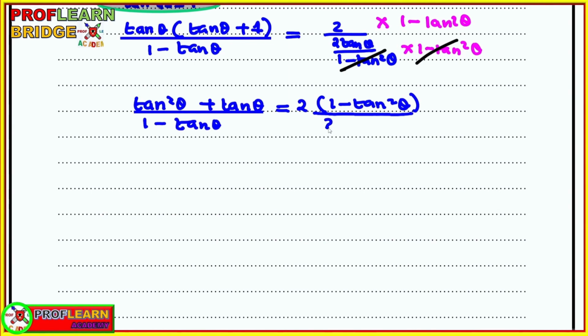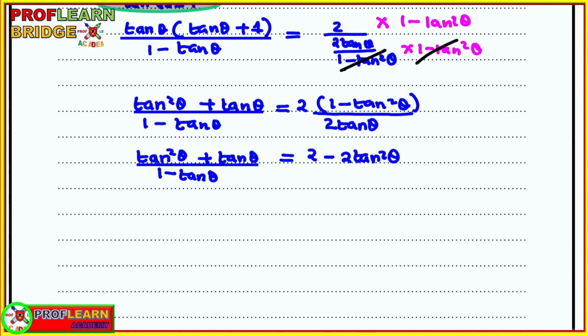So we are going to cancel 1 minus tan squared theta and 1 minus tan squared theta so that we remain with 2 over 2 tan theta, and then I can also multiply all through by 2 tan theta so that we get rid of that fraction again. Yes, this part and this part will cancel out.